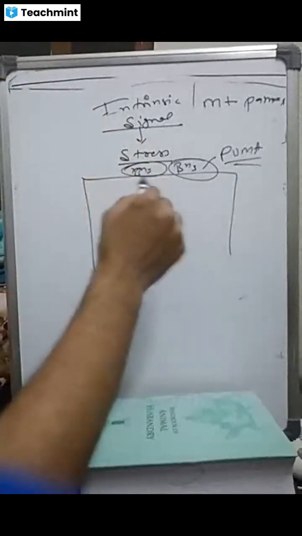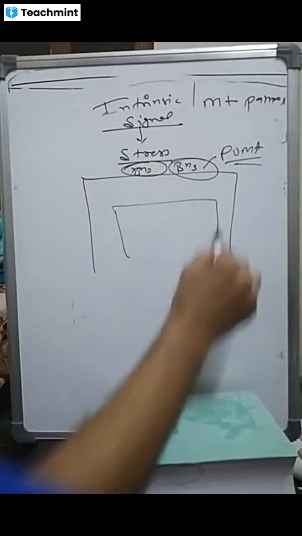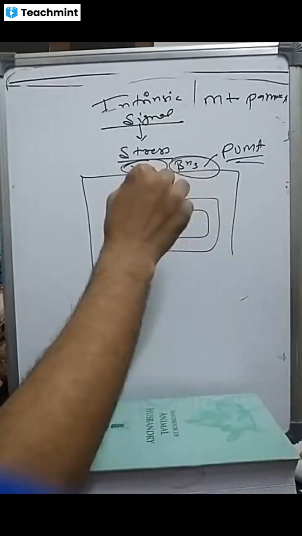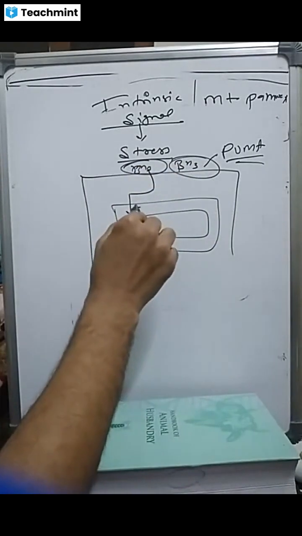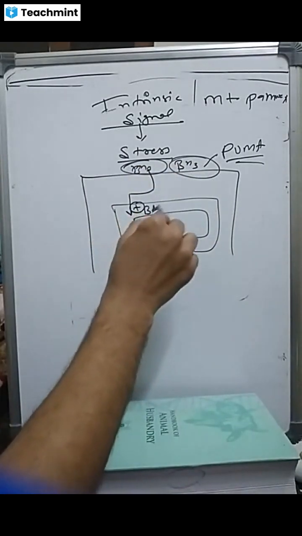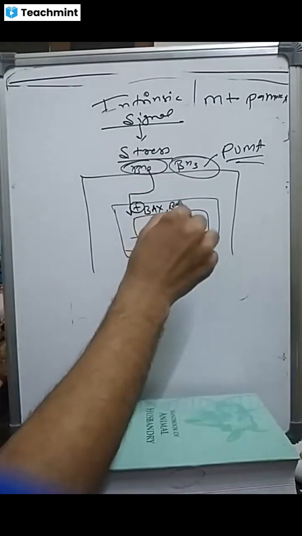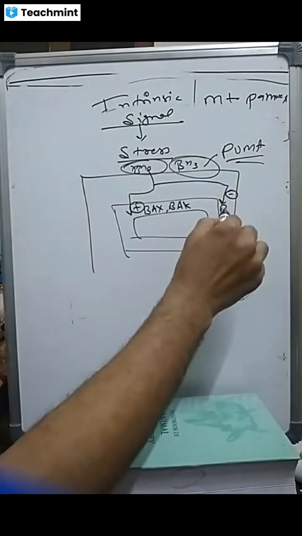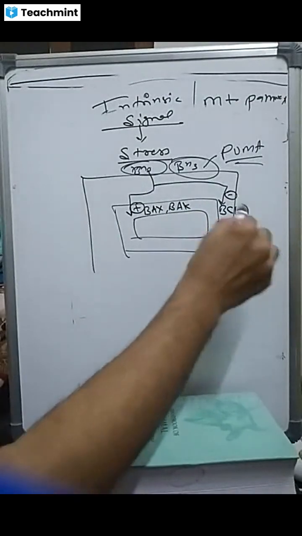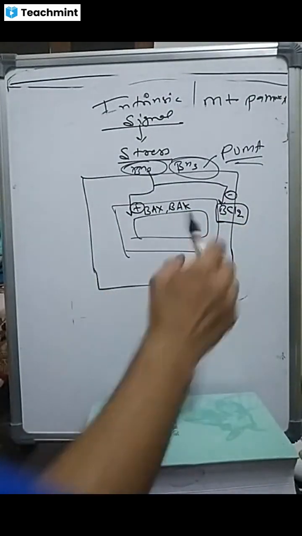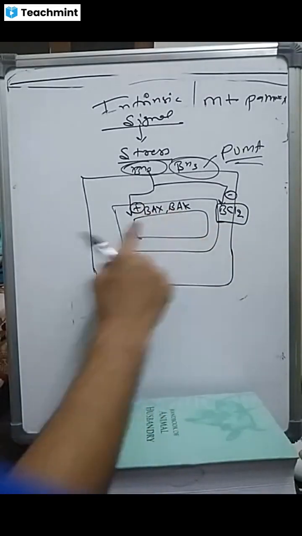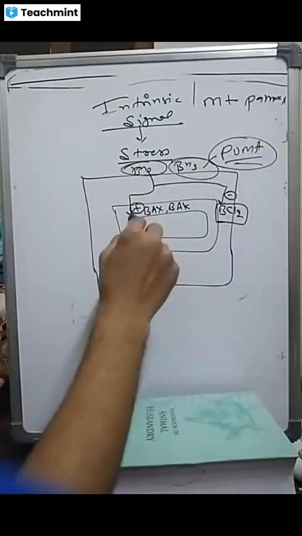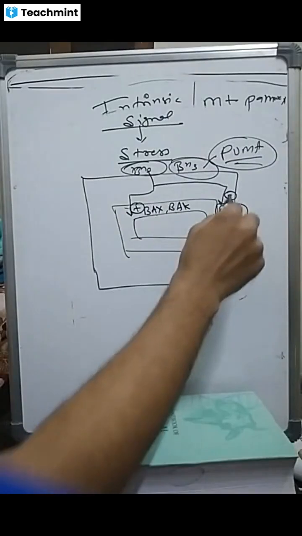This BH3 will stimulate BAX and BAK, and it will inhibit BCL2 protein. BCL2 is in the outer membrane, and BAX and BAK are in the inner membrane. So BH3 PUMA will stimulate this protein and inhibit that protein.